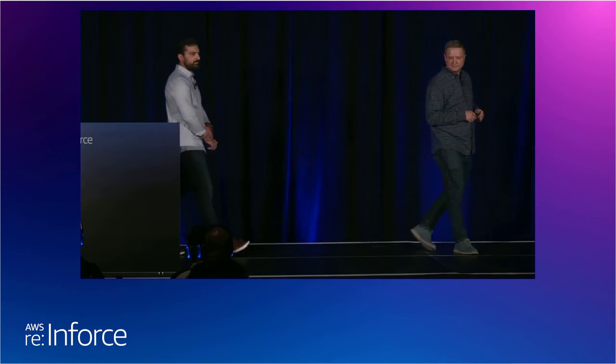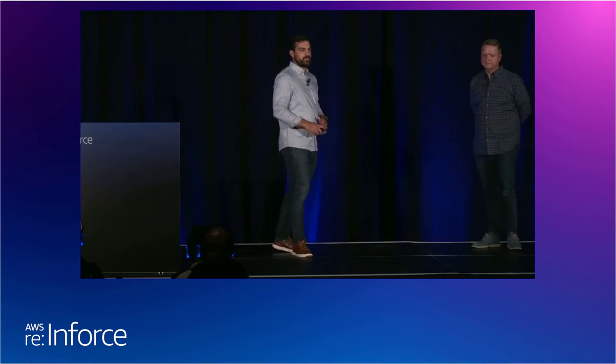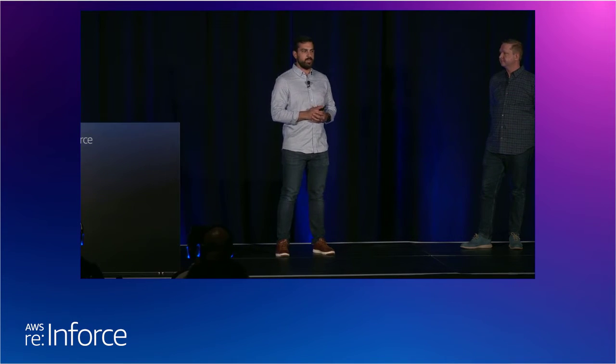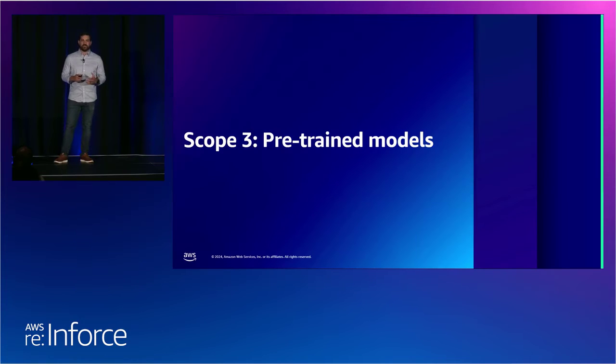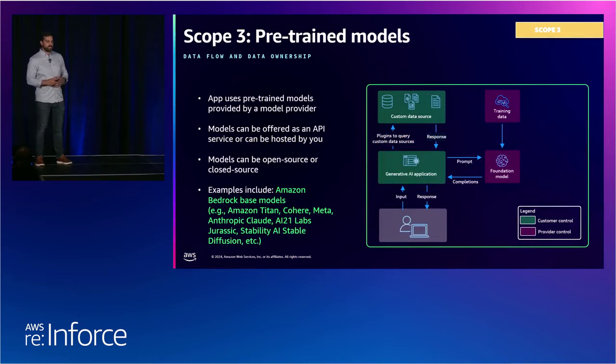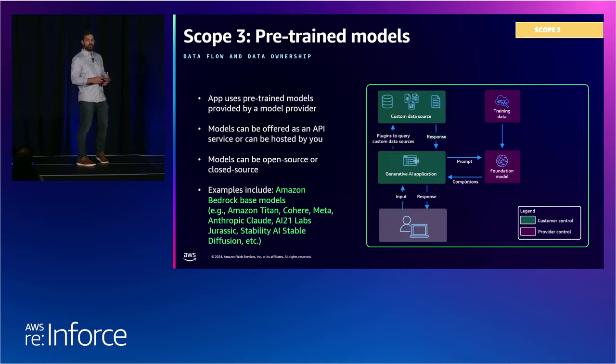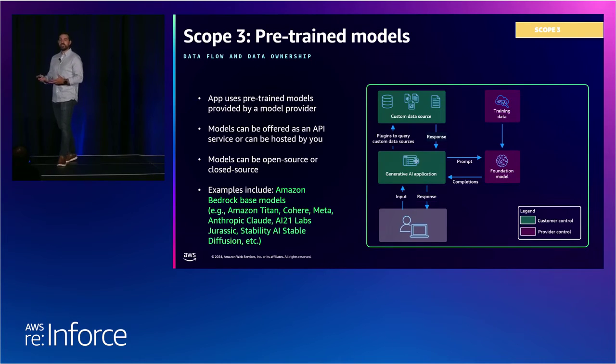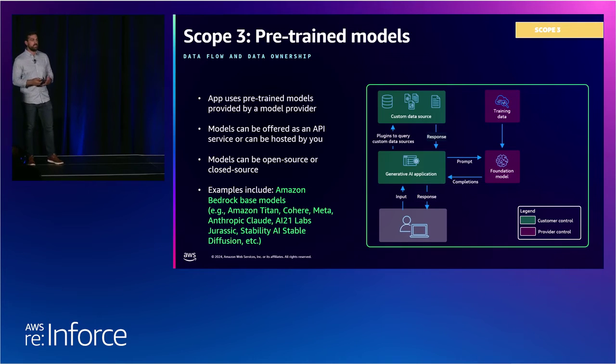Awesome. Thanks, Matt. So scope 3 is where things fundamentally change with the generative AI security scoping matrix. As Matt said, that's where we shift from buying something to actually building something. And in that scenario, you'll notice here that the application itself is now green. Your organization now owns the application, the security of that application. And generally, the way that those applications interact with foundation models is through APIs.